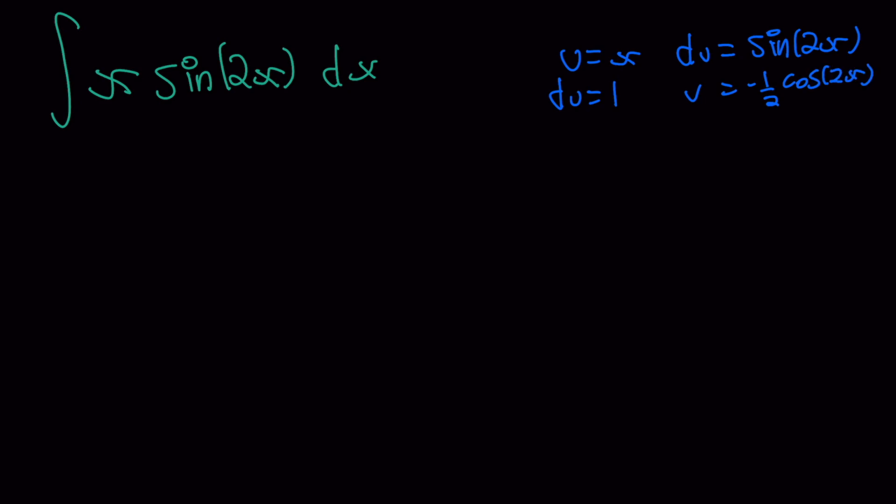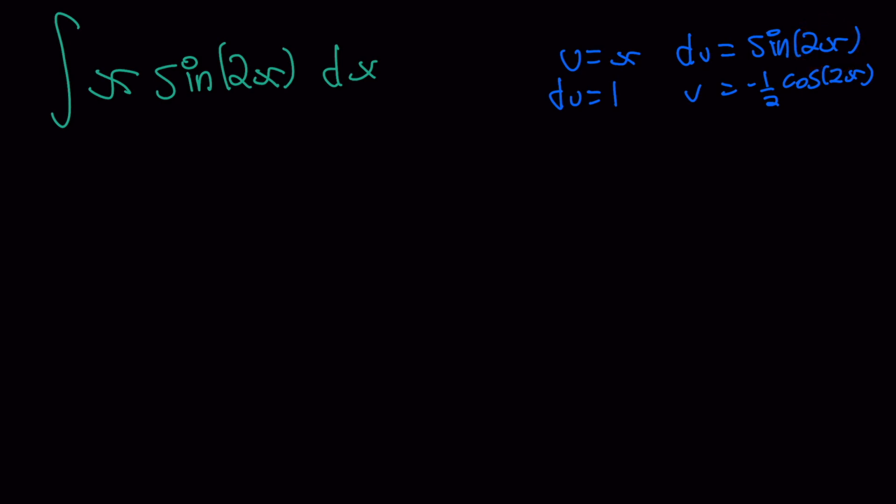I know it becomes negative because the derivative of cos is negative, and we're doing integration, so it's the opposite. And I know we get a 1/2 here because we have a 2 inside. Whatever you have inside just becomes 1 over that.